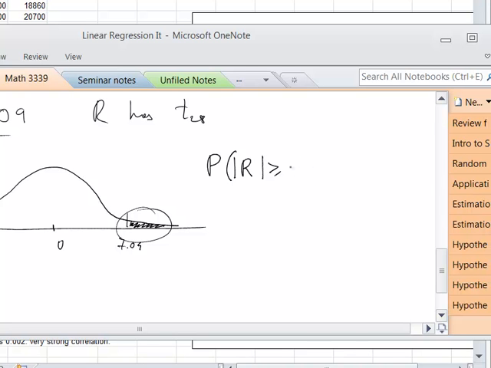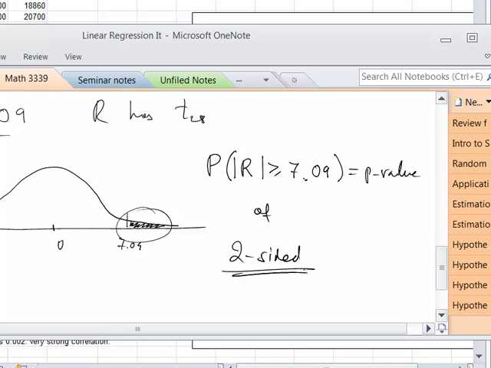So this is exactly the event that R takes values greater in absolute value than 7.9. This is exactly the p-value for the two-sided interval. So this is a two-sided p-value of the hypothesis test of whether there is linear correlation or not.